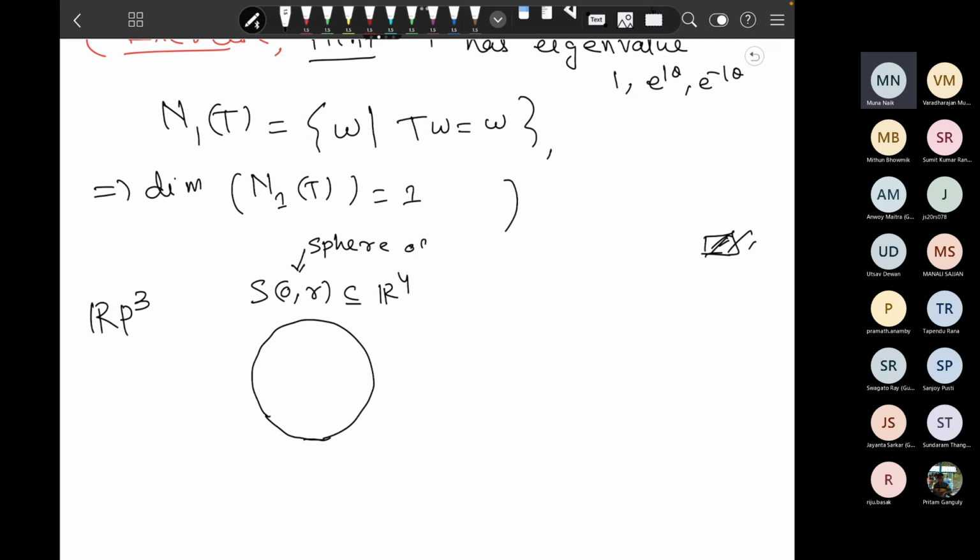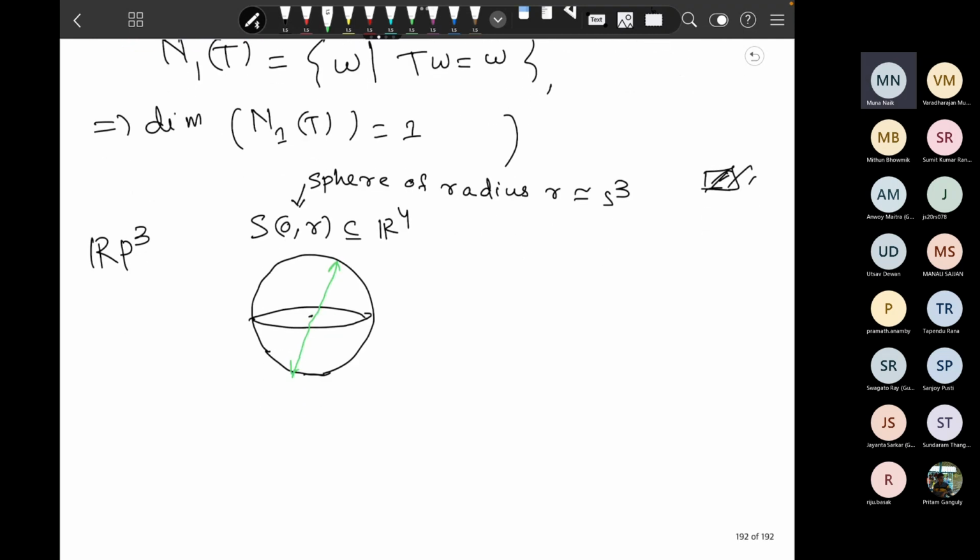Sphere of radius r in R4, and this is really homeomorphic to S3. You just identify the antipodal points, then you get RP3. This is the standard representation. You just identify these antipodal points.